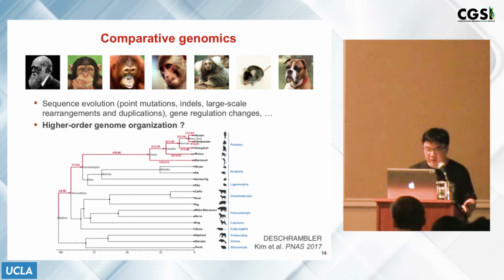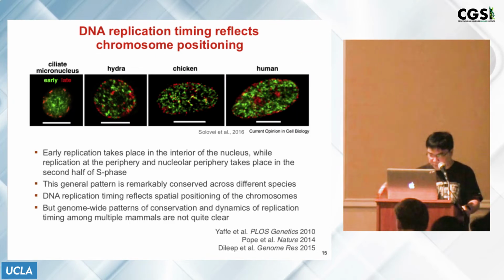Can we develop some methods to help us interpret those data, to give us some insight into how the genome organization has evolved in mammalian evolution or, say, in primate evolution? And this is the recent work that we did, utilizing DNA replication timing data.